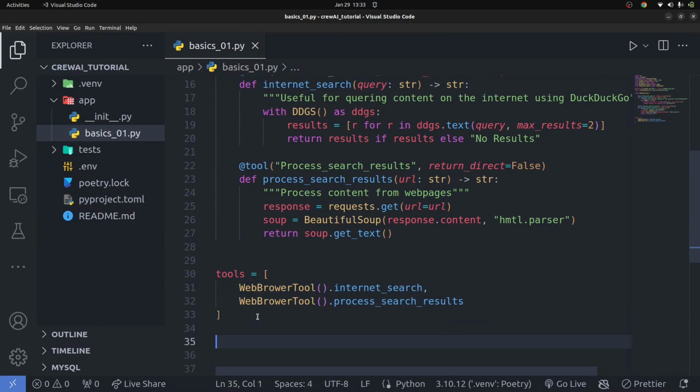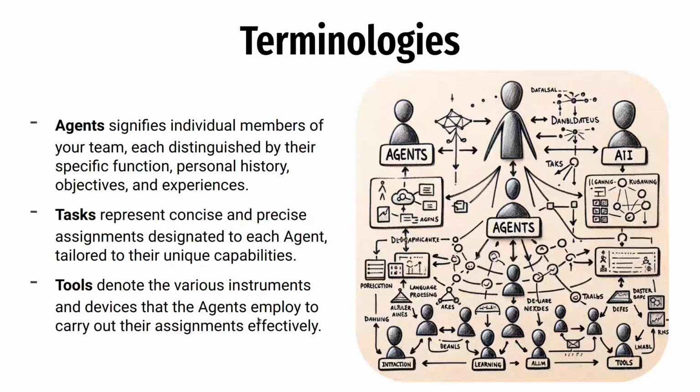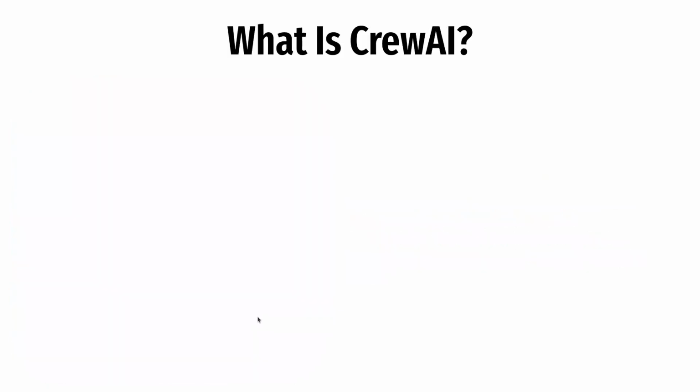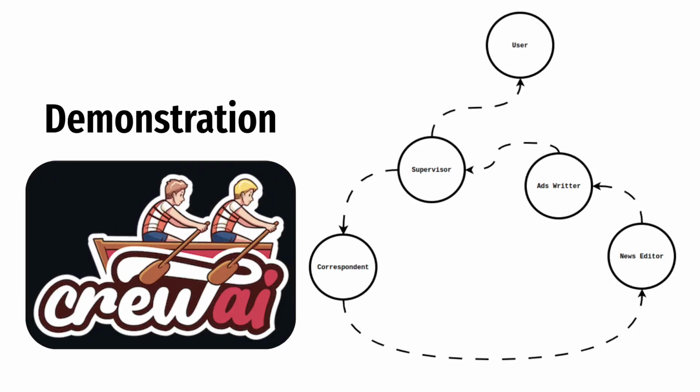So to create an agent, let's go back in here and look at the agents that we're going to have in our case. Just leave the user alone; you can think of it as not being part of our crew. Our crew is basically this right here: a supervisor, which is an AI agent; a correspondent, which is an AI agent that's going to be able to Google things online to get us facts.